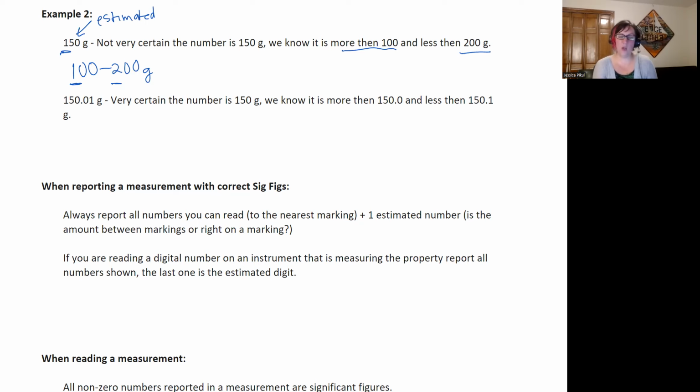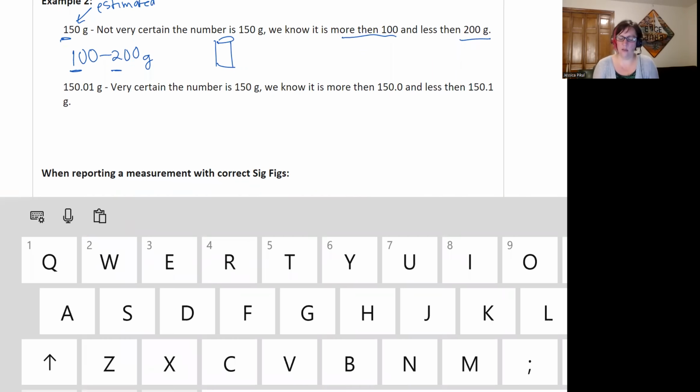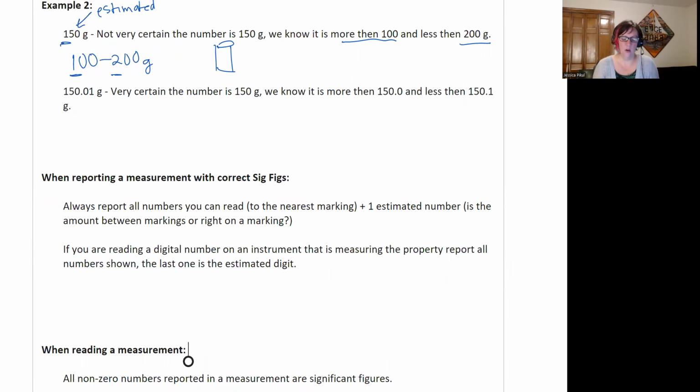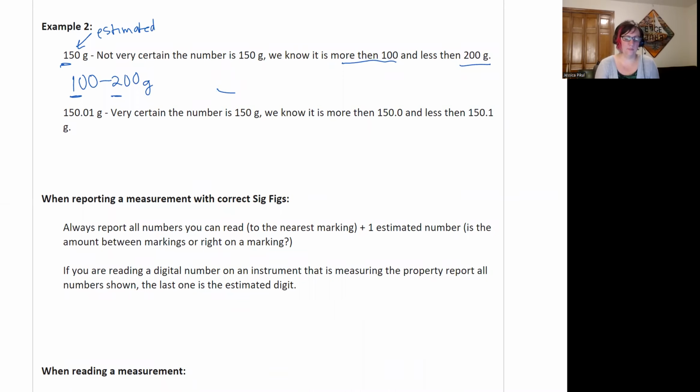If it's a digital scale, we're going to see something where it's able to read at 100 and 200, and our reading shows up somewhere in between, and that's how we're able to estimate the 150. So whoever made this measurement with whatever device, it was accurate to the 100 to 200 range, and then the estimated digit comes in between.